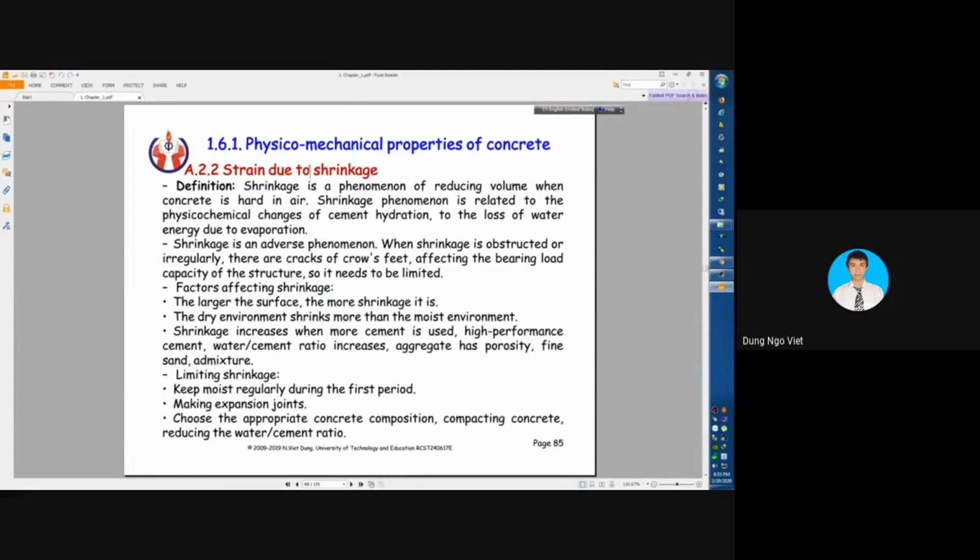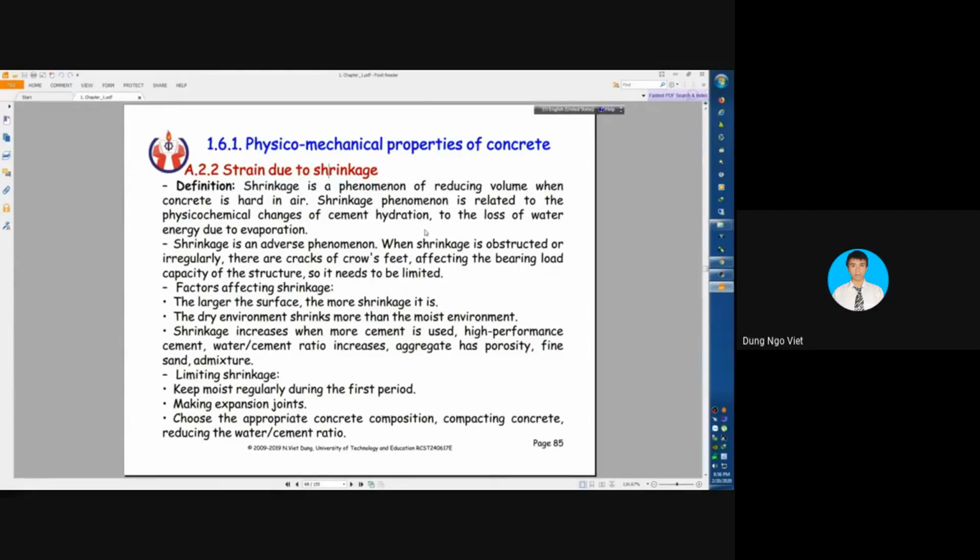Next, we consider another physical-mechanical property of concrete, which is shrinkage. And here we have the definition. Shrinkage is a phenomenon of reducing volume when concrete hardens in the air.